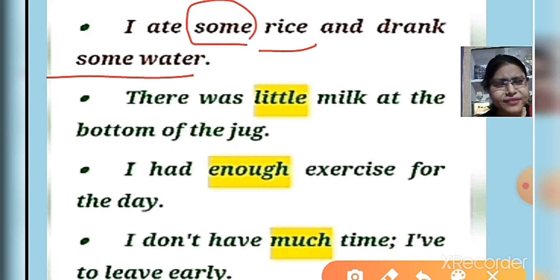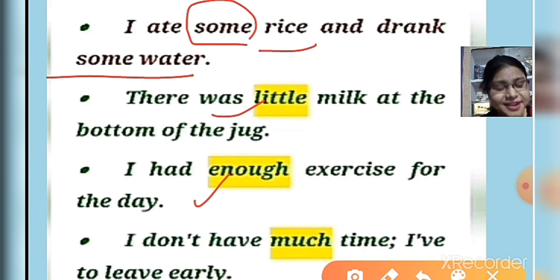I had enough exercise for the day. Enough exercise for the day. Exercise, 1, 2, 3, cannot be counted, so it is talking about the amount or duration of exercise. That is why it is an adjective of quantity. Then the next: I don't have much time. I have to leave early. So much time; time cannot be counted here.